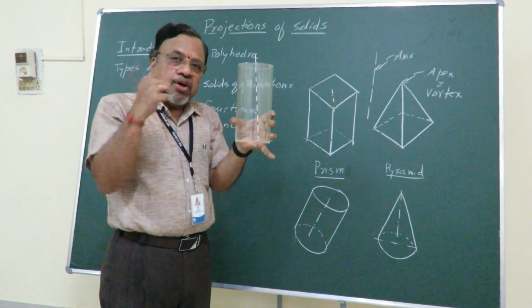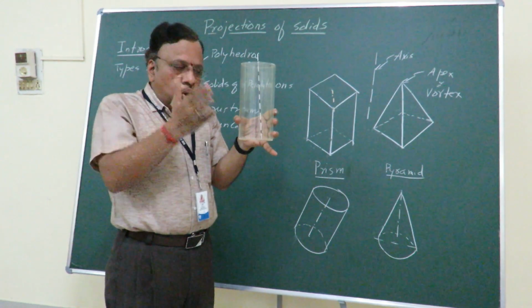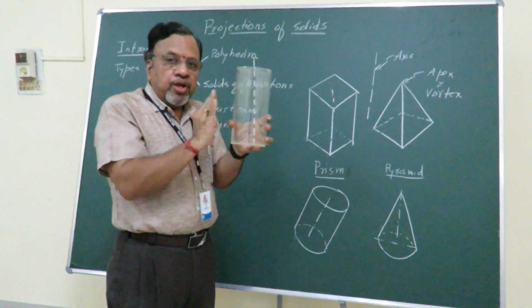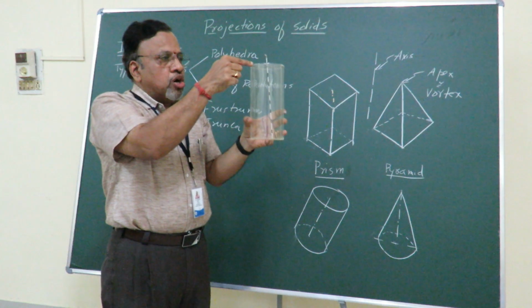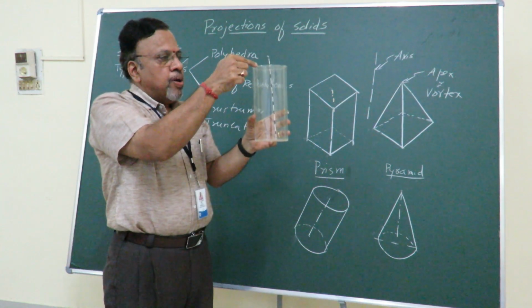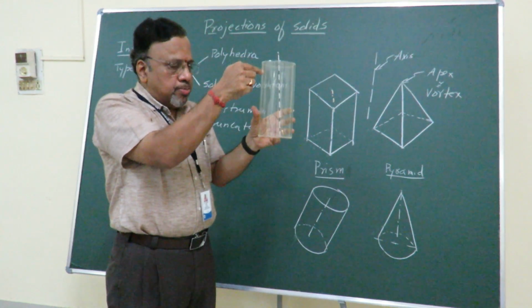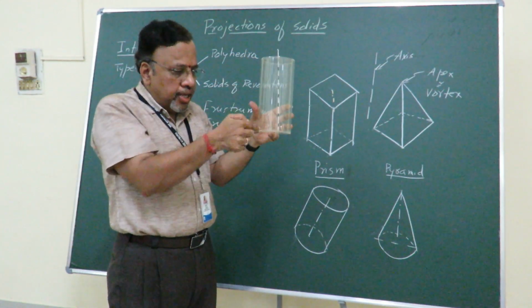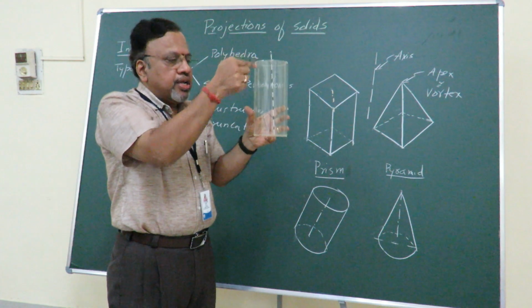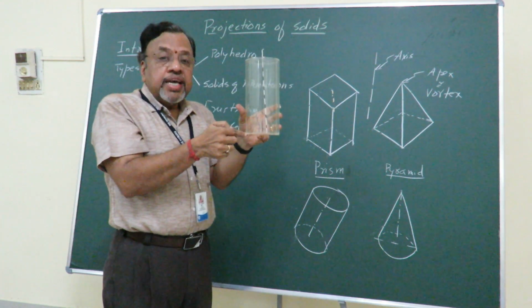Okay, now let us say if I have a cone, what do you expect? A cone will have only one base, then you again have a curved surface. But here you can observe, I can draw a line from a point on the top base to the same point or a similar point at the bottom. If I draw an imaginary line here, that particular line can be considered as a generator.